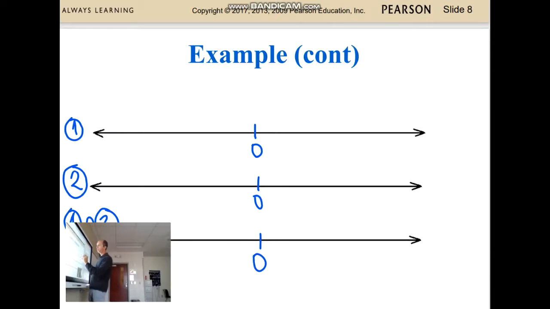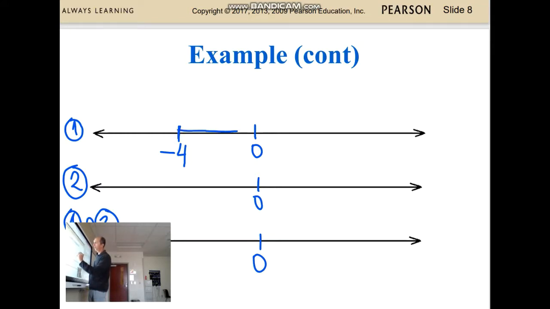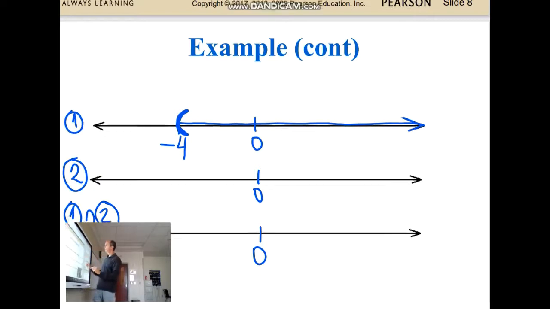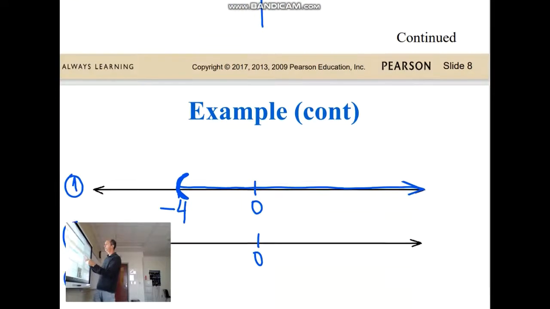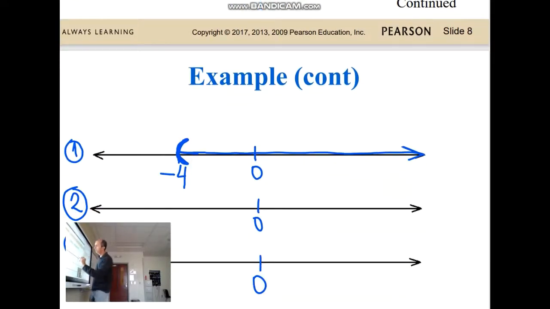So draw here, let's say -4 is here. If x is greater than -4, everything on the right hand side of -4 is included, but -4 is not included. We don't have an equal sign here, see? So -4 is not included, but everything else on the right hand side is included.